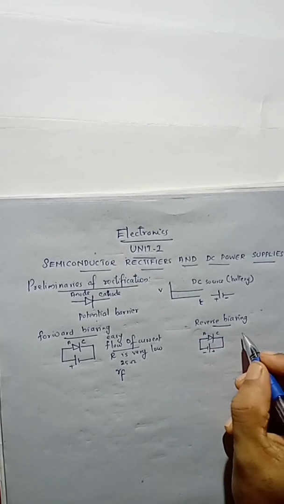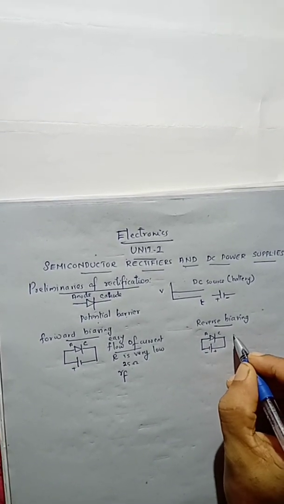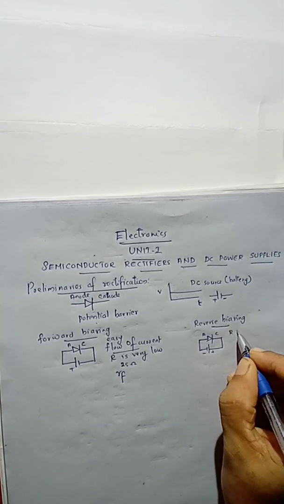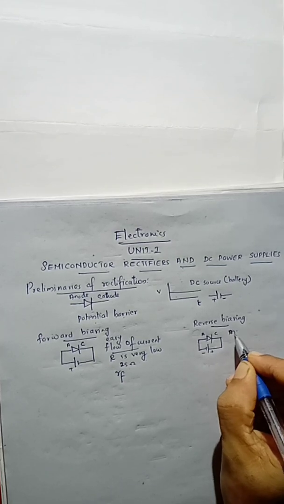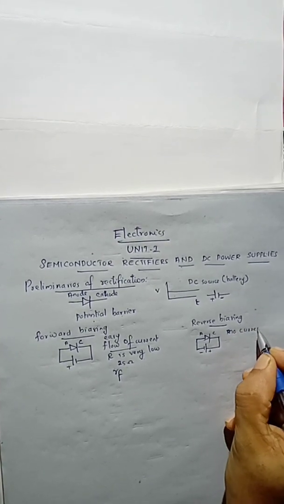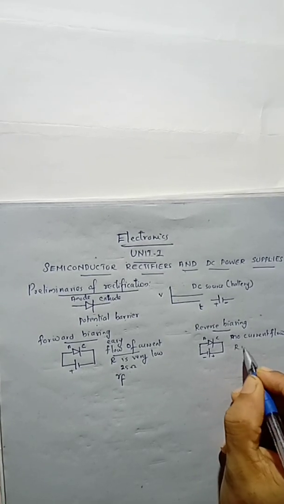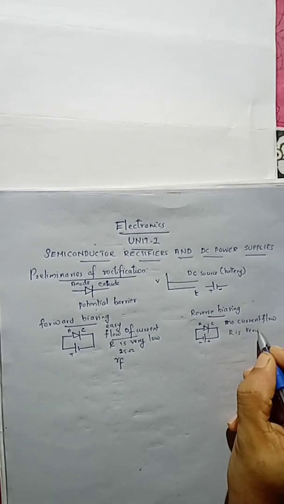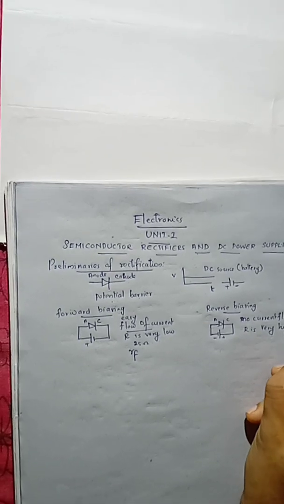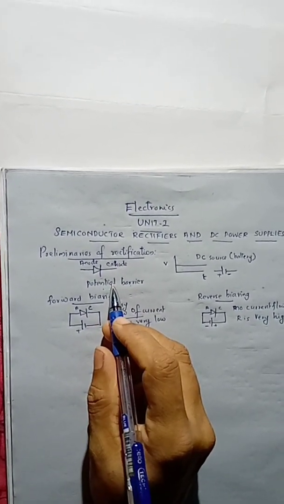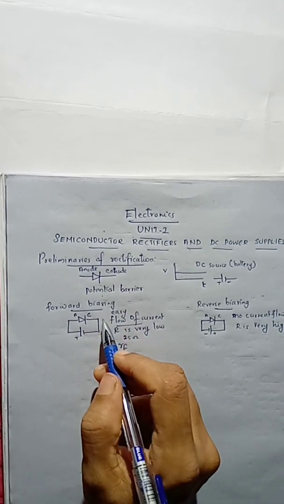So in this case, we have seen that the height of the potential barrier increases and because of that there is practically no current flow through the diode. No current flow through the diode, and so in this case resistance is very high. So these are the two cases of biasing in the case of a PN junction diode.